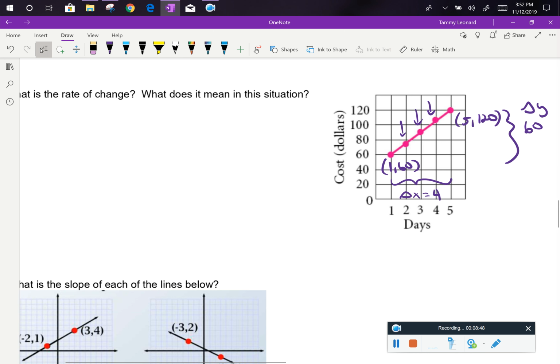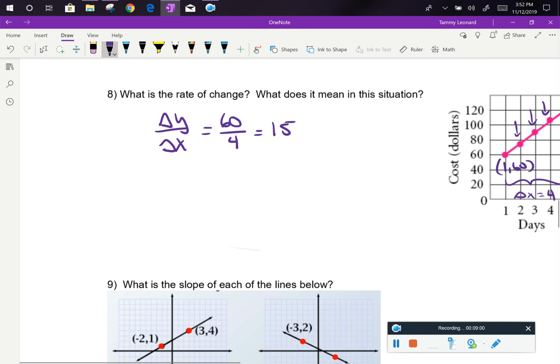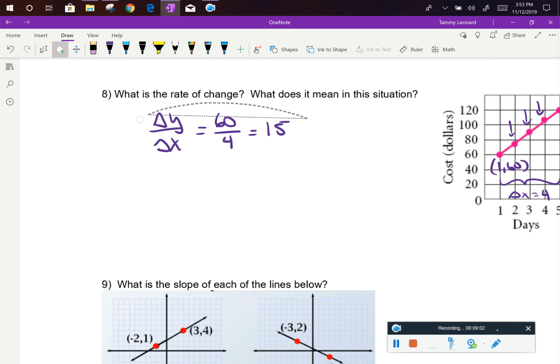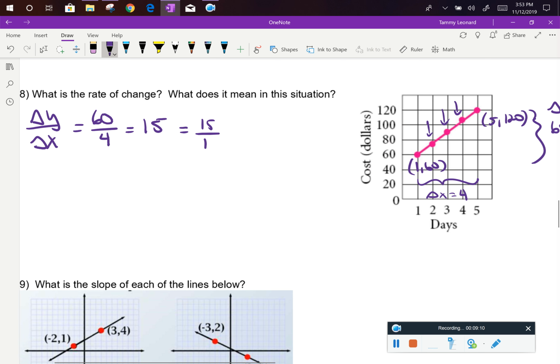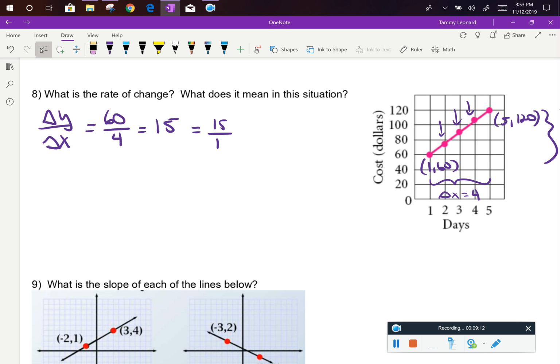When we go to make our rate of change, we can say that the change in y over change in x is 60 over 4, and we know that that divides to be an even 15. But as we saw in the previous problem, a couple things help. First of all, having the slope as a fraction instead of a whole number is actually a little bit easier. And then to go back to the problem and pull the units is also very helpful.